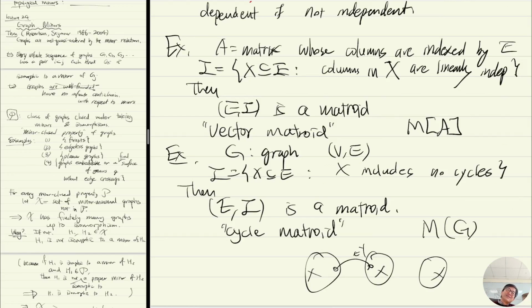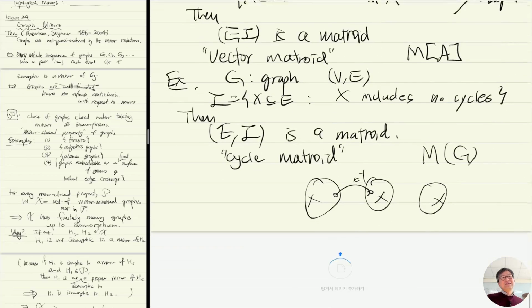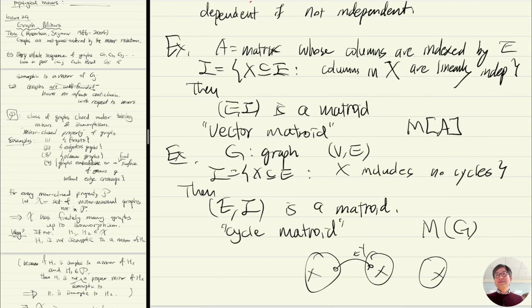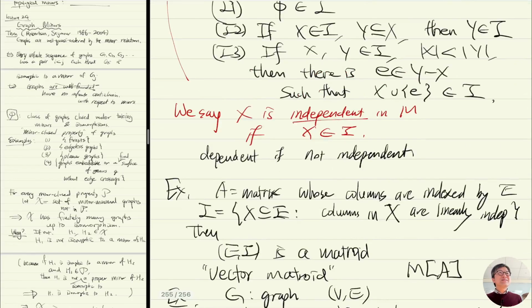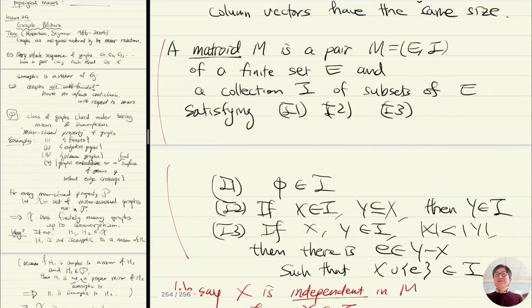So this implies that the number of edges of Y is less than or equal to the number of edges of X. Contradiction. So again, it's an easy exercise. These are two examples. In the next lecture we will continue describing a few terminologies, and these will be used to prove the matroid theorem, which will imply the Nash-Williams theorem. Okay, so that's it.